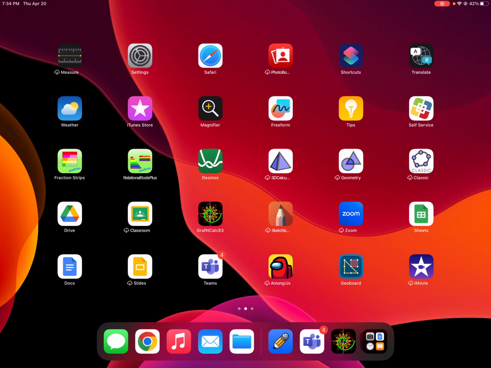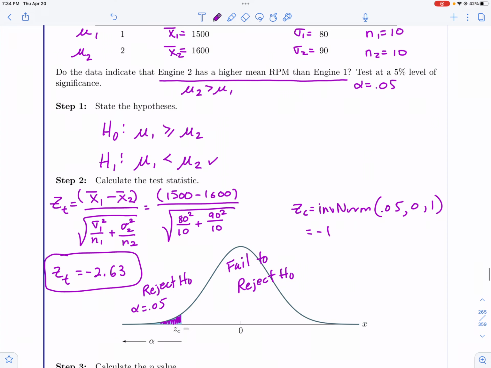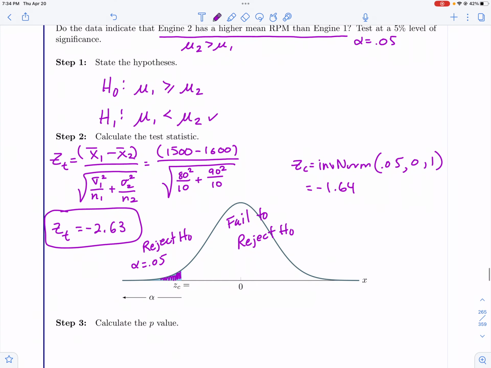And since our alpha is on the left-hand side, we actually do want to keep the negative this time. So we're looking at negative 1.64 as the dividing number between the reject and the fail to reject. And so negative 2.63 is going to fall somewhere in this area. Since it's in the shaded region, it looks like we are going to reject H naught, which looks good.